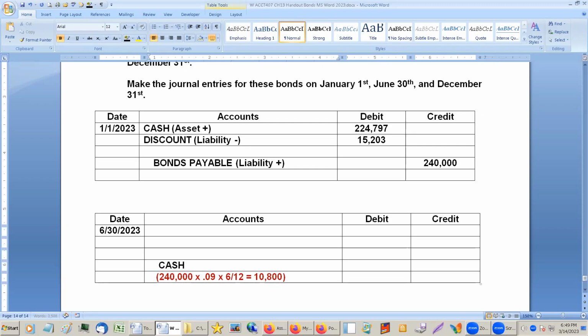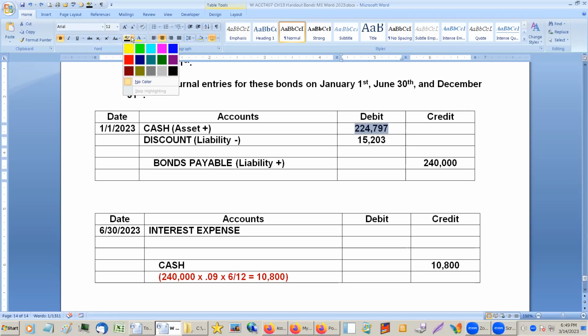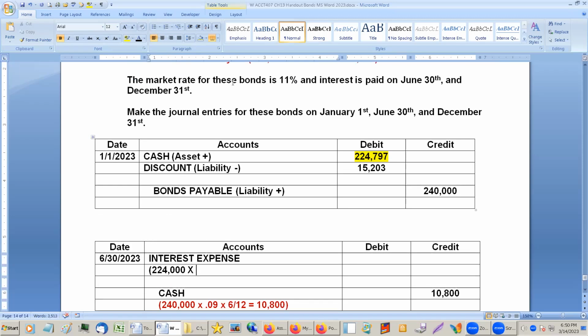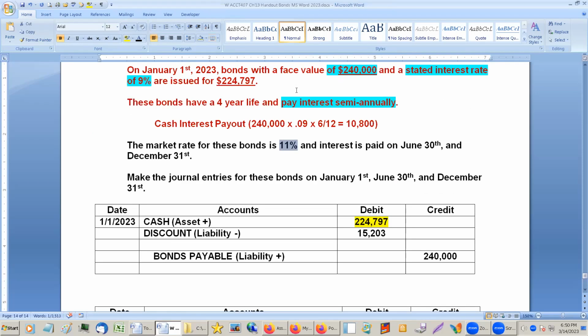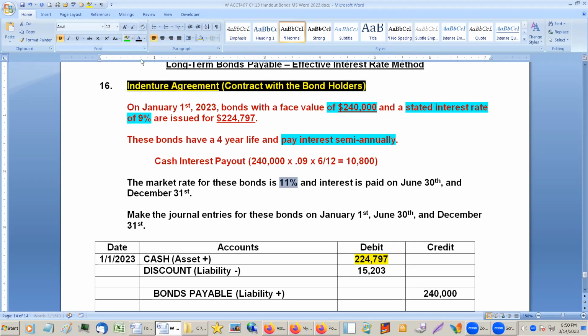We're gonna pay out. Interest expense is going to be the 224 times the market rate for these, which was 11%.